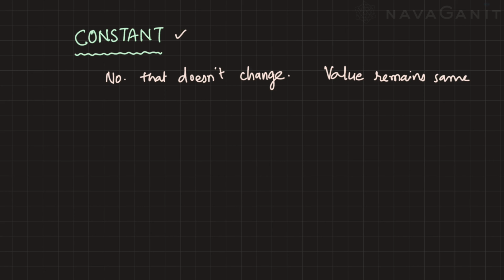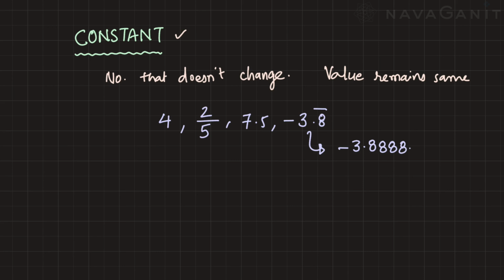Some examples of constants could be 4, 2 by 5, say 7.5, say minus 3.8 bar. So even minus 3.8 bar would be a constant. If it is minus 3.8888 and so on, this is nothing but minus 3.8 bar, and this is also a constant. So these numbers are fixed and they do not depend on any other value.